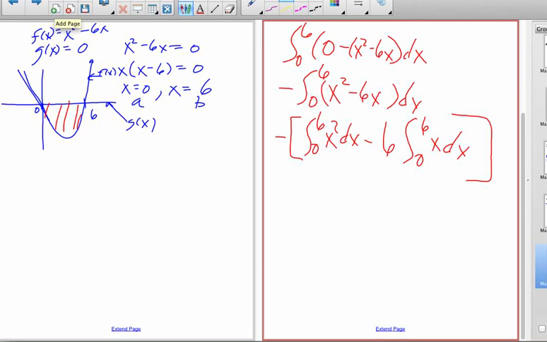And then we just rewrite these things. So I'm going to have negative. The integral of x squared dx is x cubed over 3, and that's going to be evaluated between 0 and 6. Minus 6 times, or excuse me, if I do this, this is going to give me x squared over 2, so it's going to give me 3 x squared evaluated between 0 and 6.